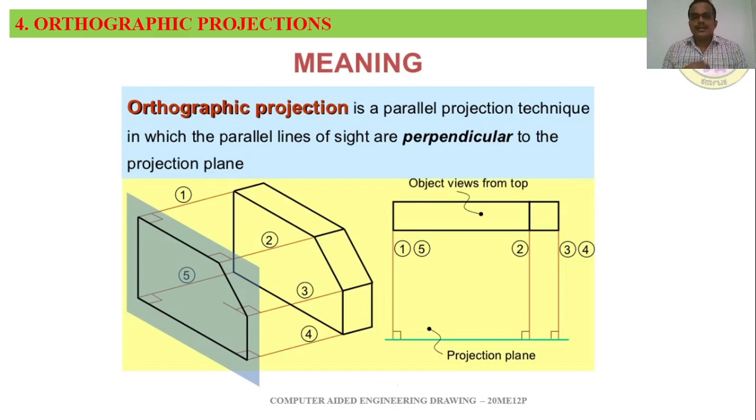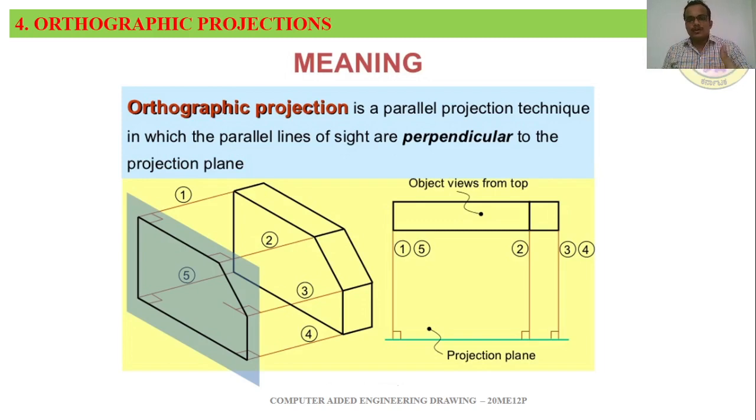Next, I want to explain what orthographic projection is. Orthographic projection can be defined as a parallel projection technique in which parallel lines of sight are perpendicular to the projection plane.